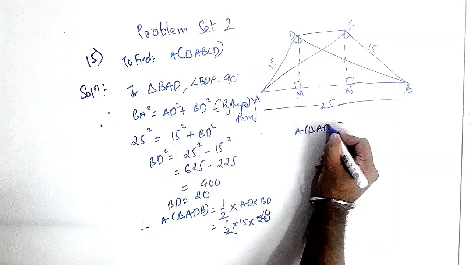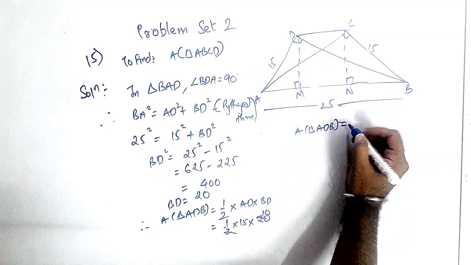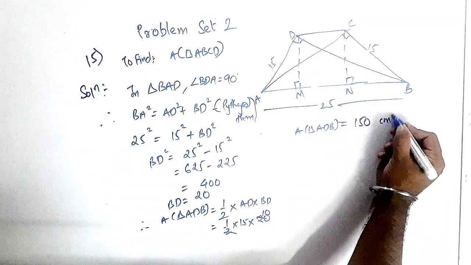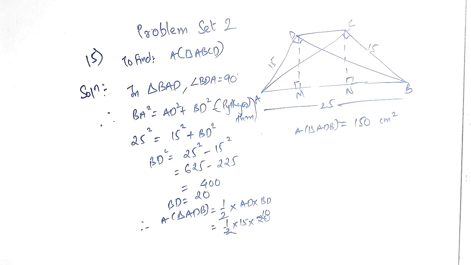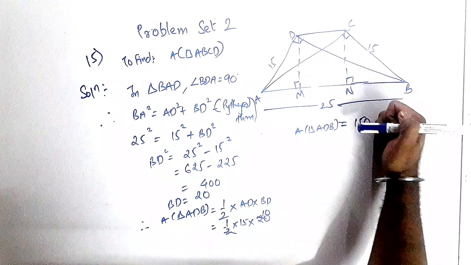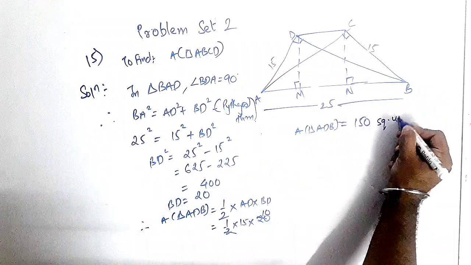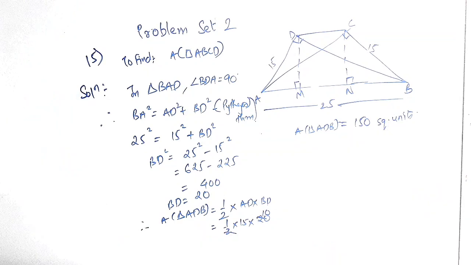Area of triangle ADB is equal to how much? That is 15 tens are 150 centimeter square. Okay, centimeter is not given, so we'll write square units. Area of ADB is 150 square units.